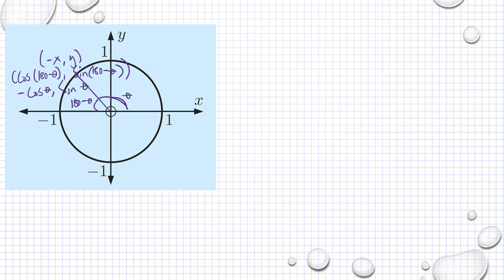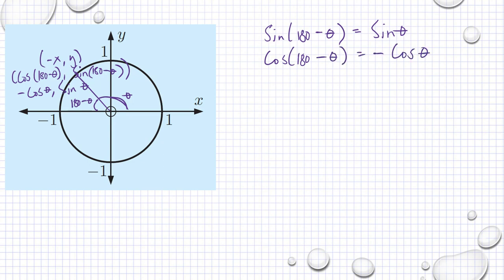So what can we say now? Sine 180 degrees minus theta is equal to sine theta. They are equal. It's positive. But cosine 180 degrees minus theta is negative cosine theta.